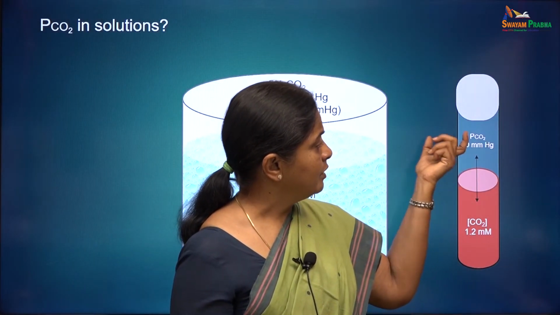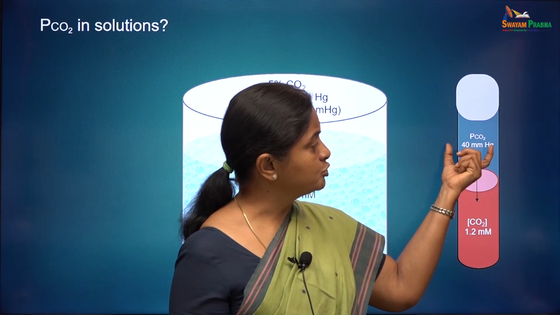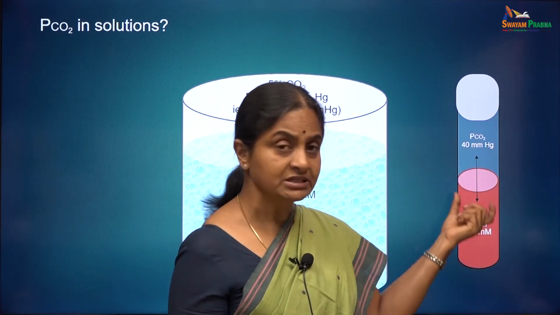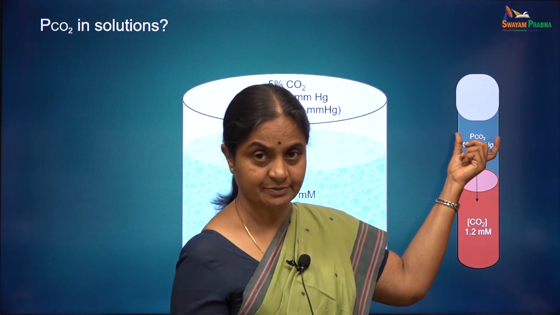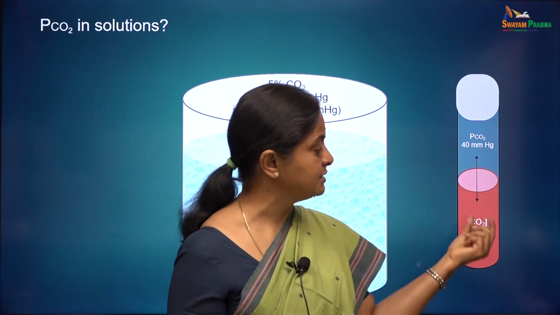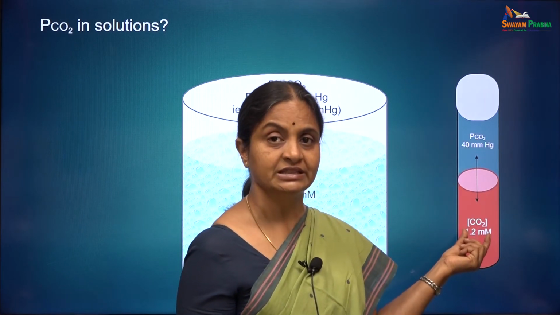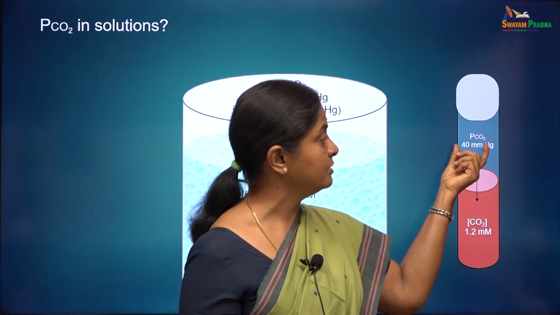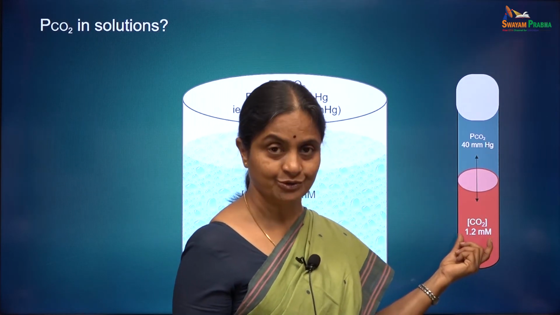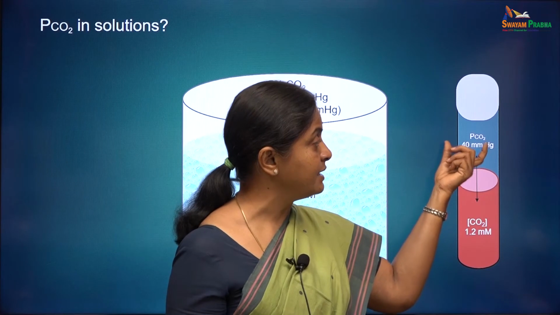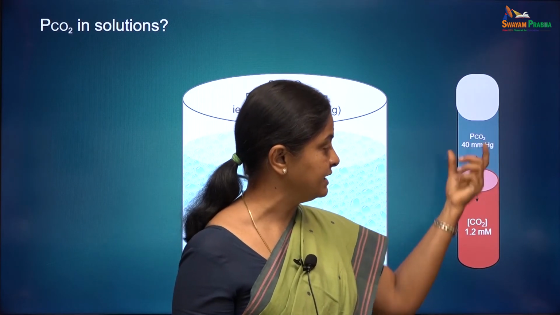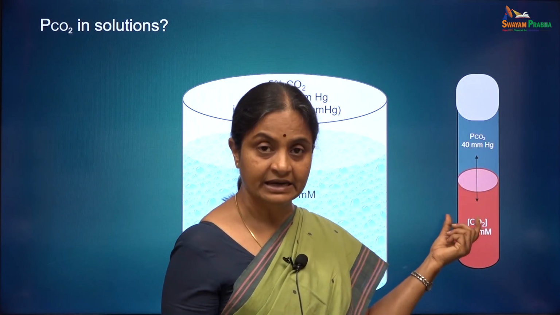So, when the PCO2 of the atmosphere above the sample of blood is 40 millimeters mercury, then it is inferred that the carbon dioxide concentration in that sample of blood would be that into 0.03. That is what we mean by partial pressures of gases in liquids.